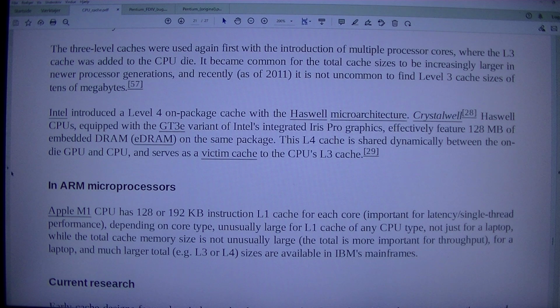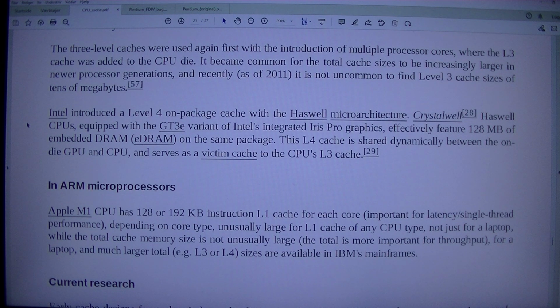to be increasingly larger in all processor generations, and recently, as of 2011, it is not uncommon to find Level 3 cache sizes of often megabytes. Intel introduced a Level 4 on-package cache with the Haswell microarchitecture.